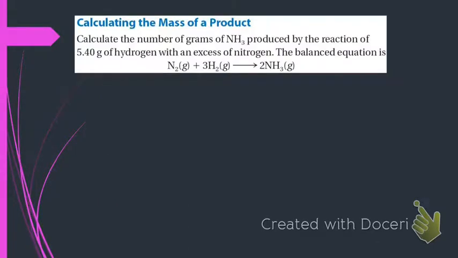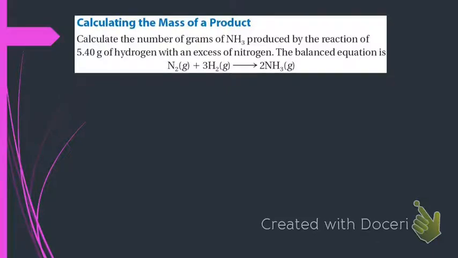So let's try a mass to mass stoichiometry problem. Okay, calculate the number of grams of ammonia produced by the reaction of 5.4 grams of hydrogen with an excess of nitrogen, and it gives us our balanced equation.